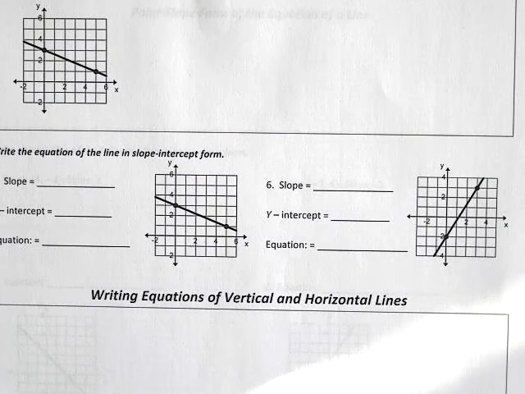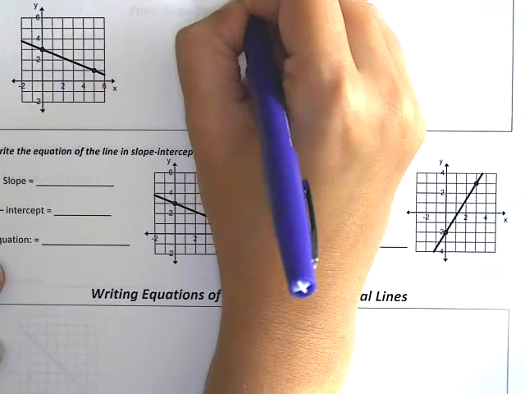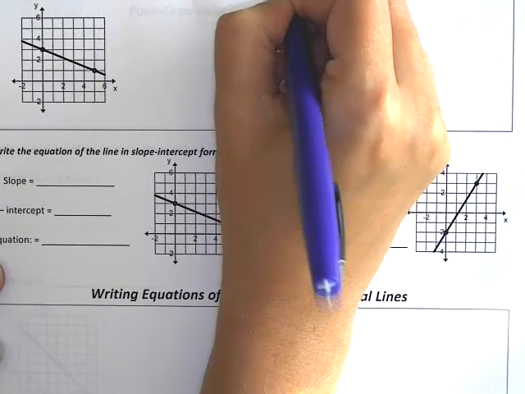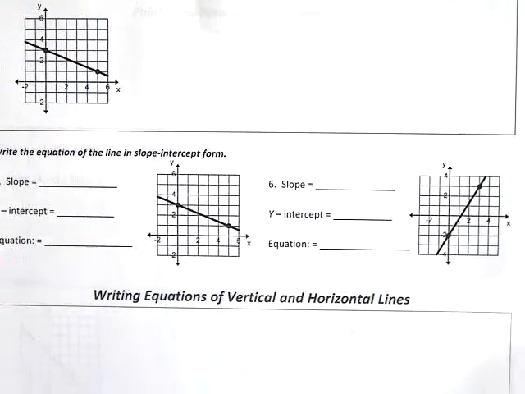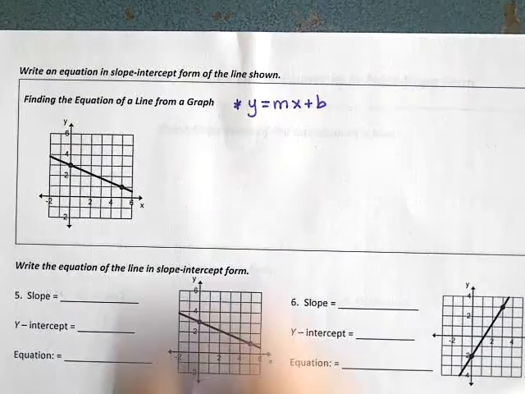Finding the equation of a line from a graph. Now that we know how to write the equation of a line, we're going to have to be able to write the equation of a line from a graph when I give you a picture as well. Since we're going to be using slope-intercept form, there are two pieces of information that I need to know in order to write this equation.